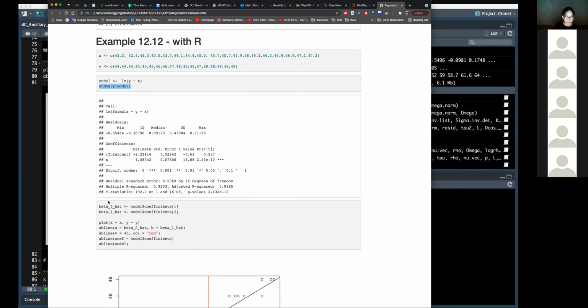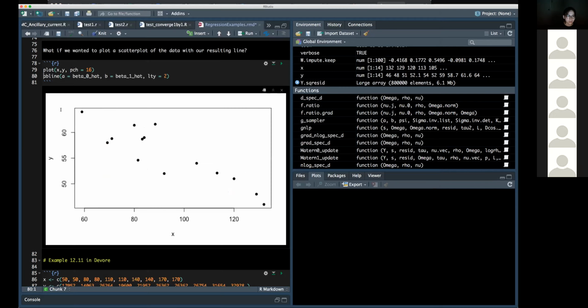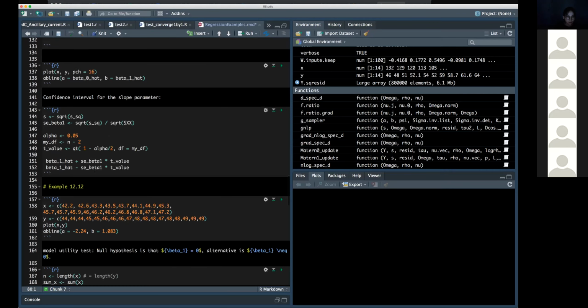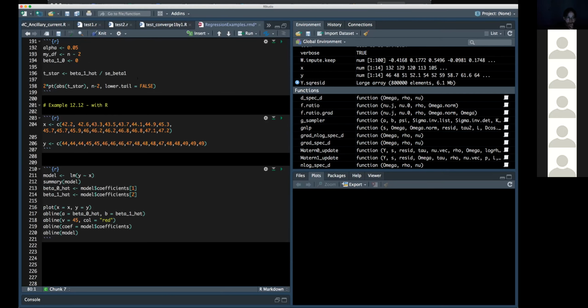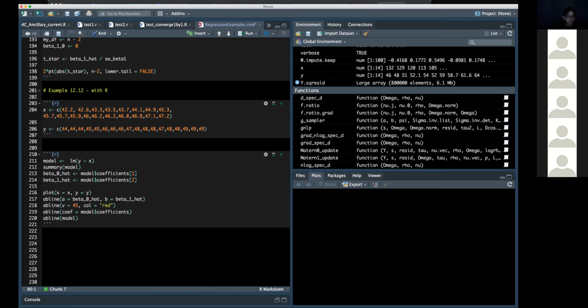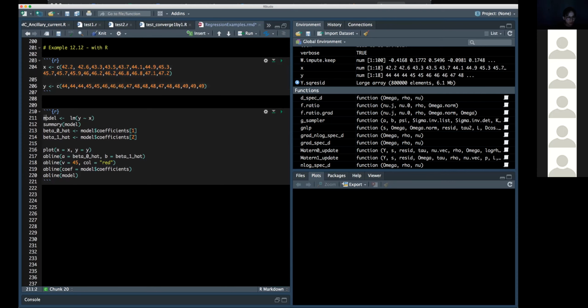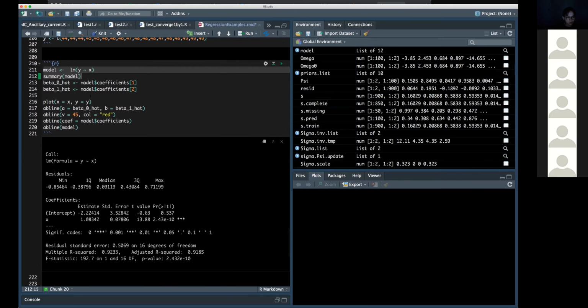Okay, and this is how you get your beta hat. Extract the beta hat value from this model. Well, maybe it's better I run this for you. Oh, it's really dark. Okay. Let me run this X and Y, and do this linear model.